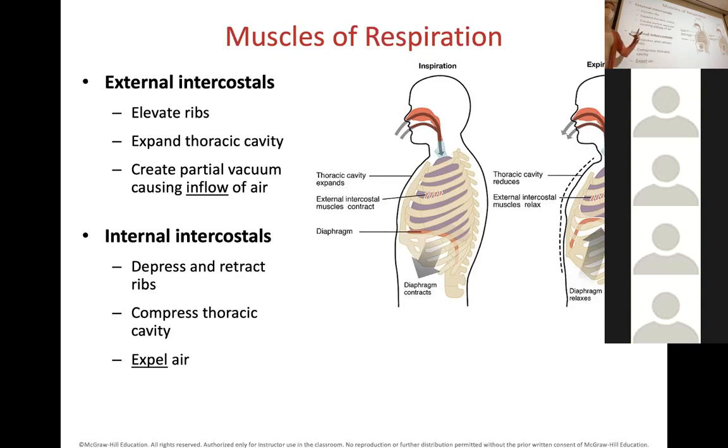So that's when you're breathing in. So when you're breathing in, your diaphragm is flattening and contracting, and your external intercostals are contracting and expanding your rib cage to allow for more room for your lungs. This also creates sort of a vacuum within your lungs to allow air to flow in more efficiently.